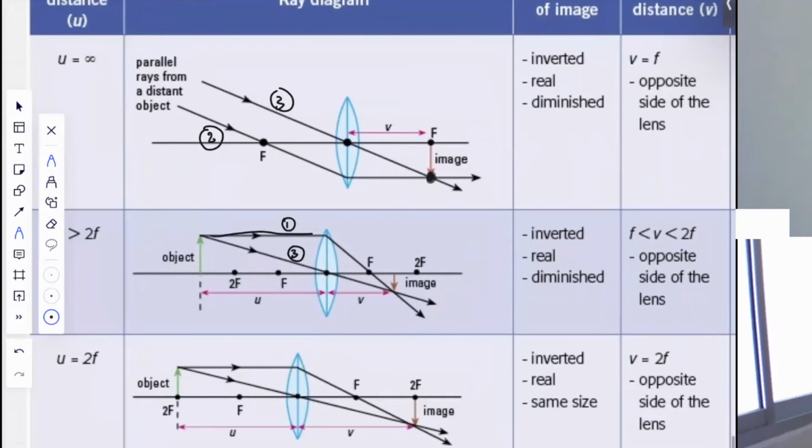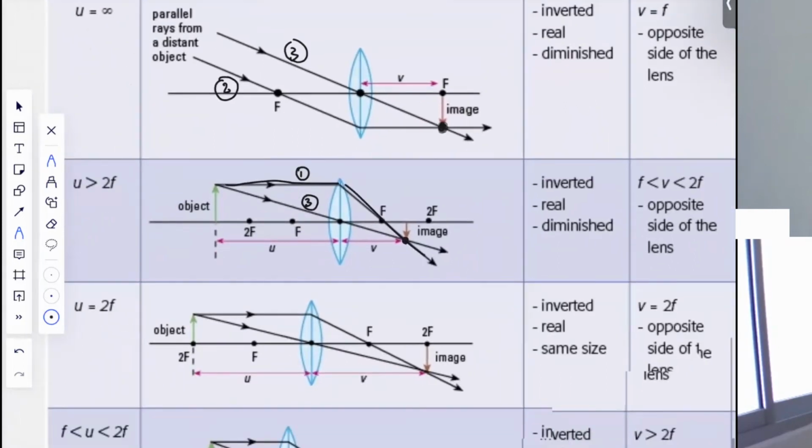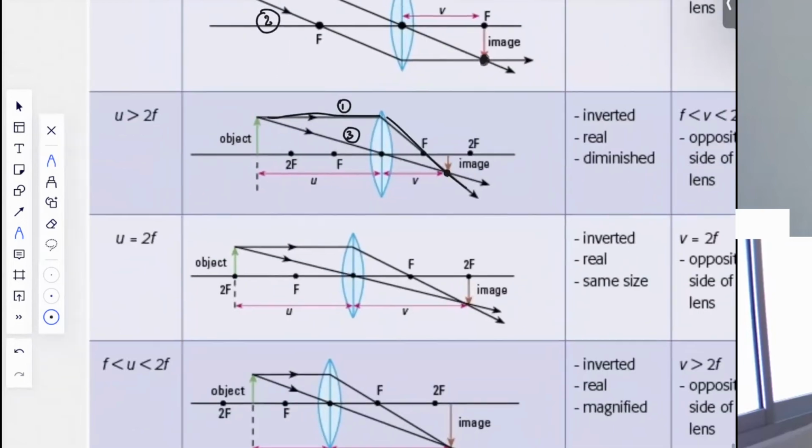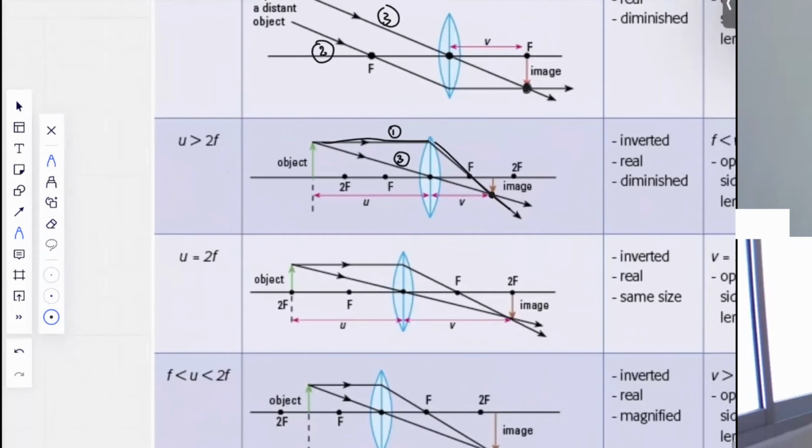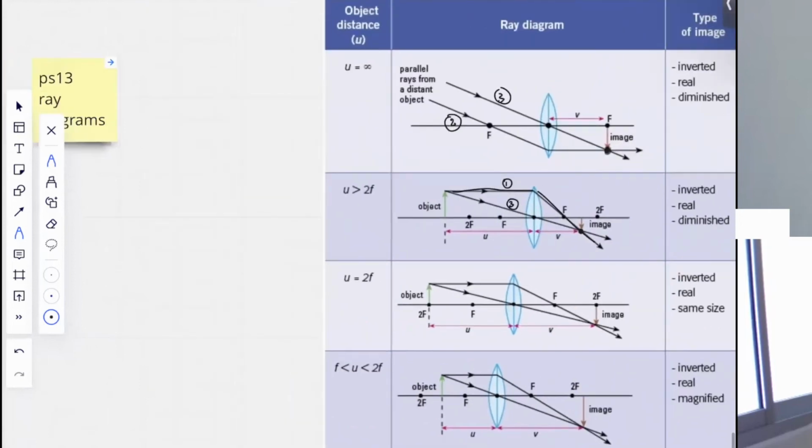See, parallel first, then pass through focal point, and this thing. Then you get the image here. Yeah. Okay. So this one. Okay. Yeah. Yeah. Okay. Good.